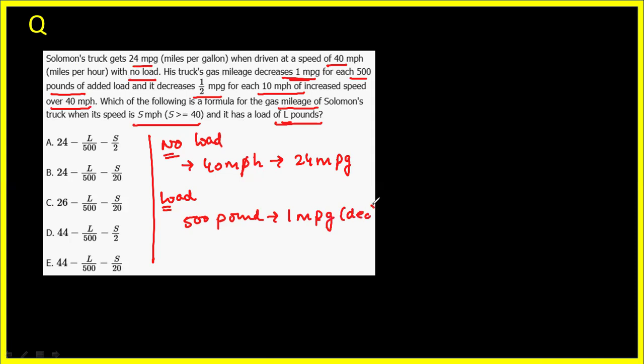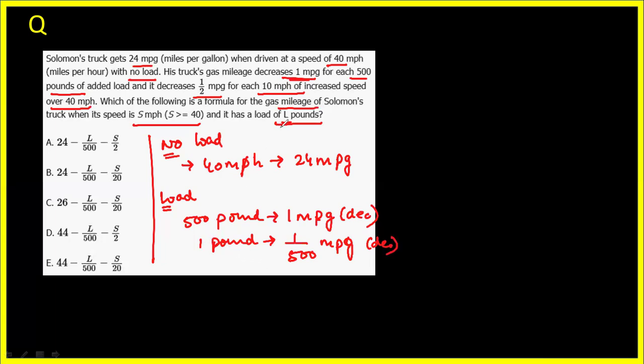So if we add a load of 1 pound, using the unitary approach, the mileage should decrease by 1/500 miles per gallon. This should be the decrease in the mileage, right?